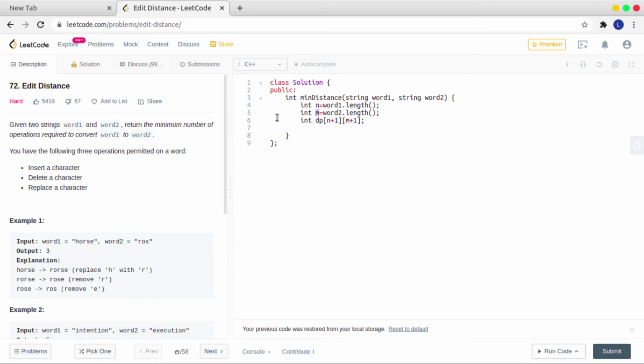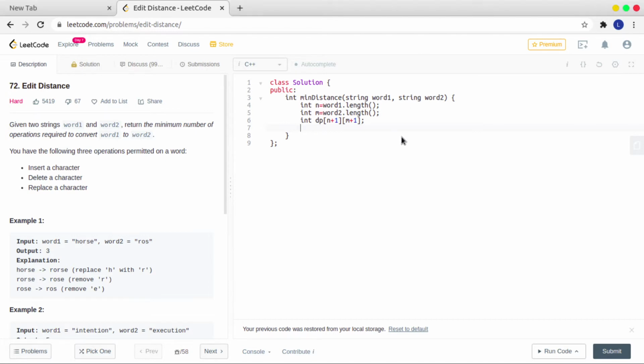So what is the cost? The cost will be the length of word 2. Basically you have to think like this, in the recursive way: what is the base condition? The base condition is that either word 1 will be null or word 2 will be null. If word 1 is null, then we have to insert.